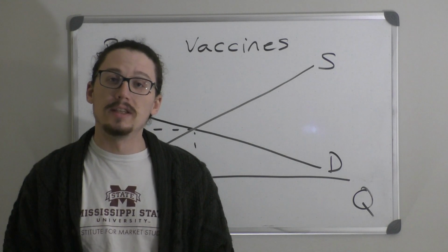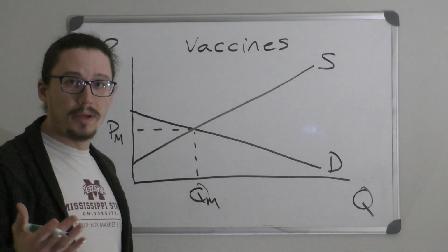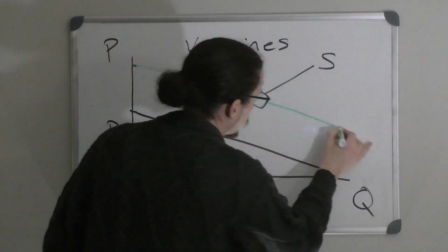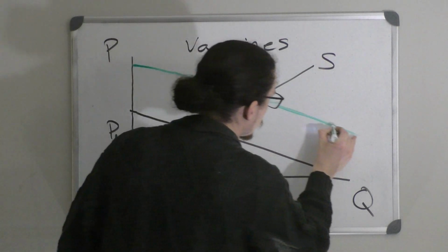So when we have goods like vaccines, as we've already discussed, we've got this external benefit, a higher social benefit to getting the vaccine.